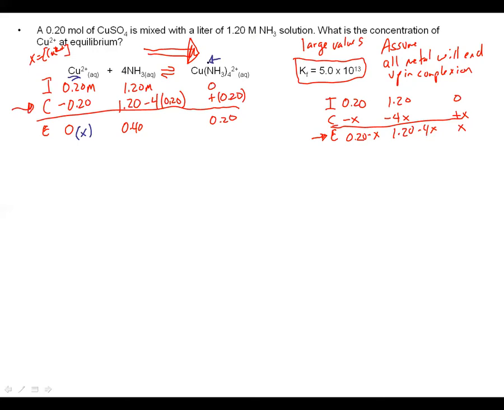And the second assumption that we make here is that although the metal ion mostly gets used up, some will come back the other way.